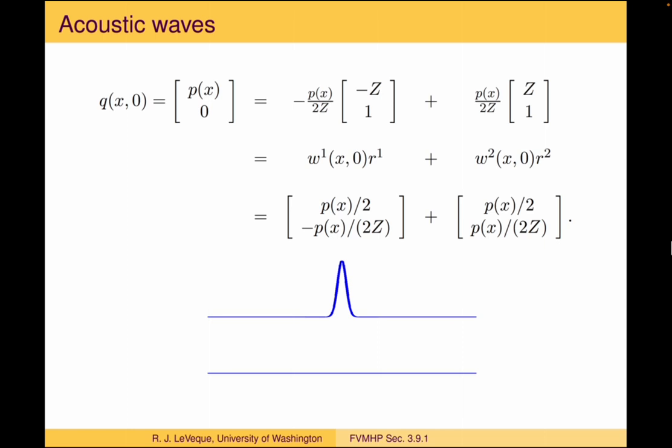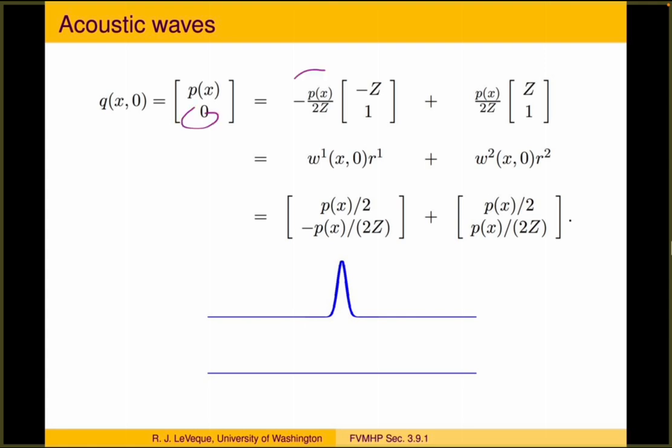And in this case, it's easy to work out that for this particular choice, when u is equal to zero, the linear combination that you have to take is simply minus p of x over 2z and plus p of x over 2z. Then when you add these two together, the velocity components cancel out, and the pressure components add up to p of x, whatever your p of x is.